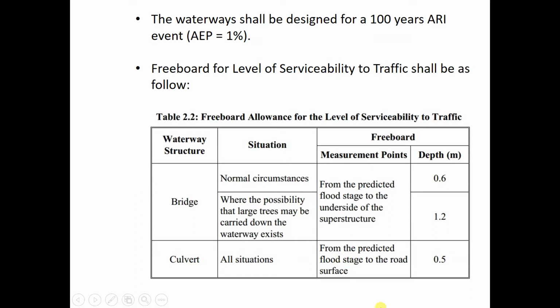You need to have 0.5 meter freeboard to allow for any debris passing through.